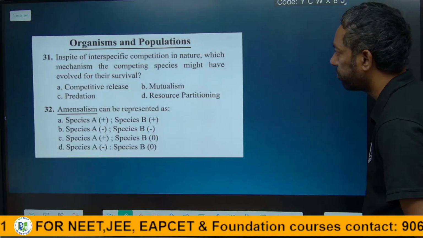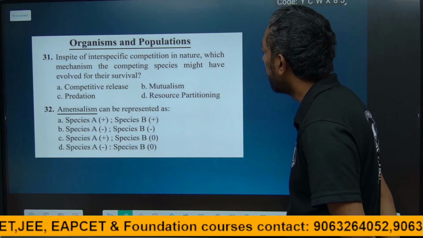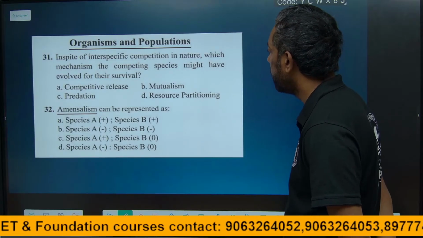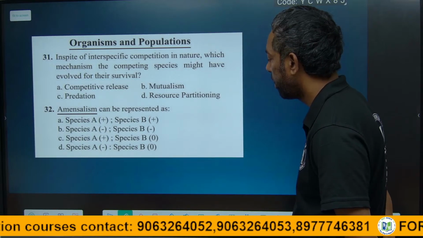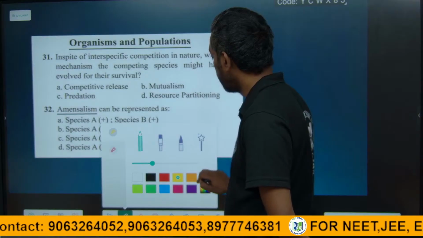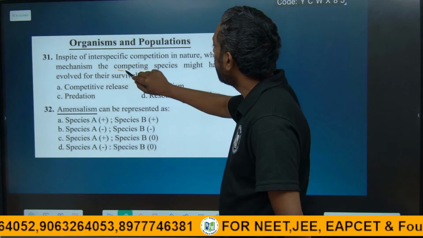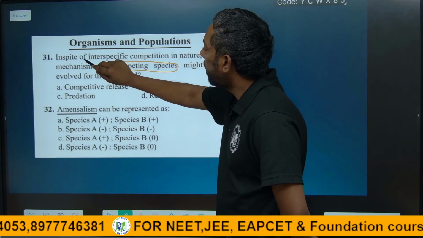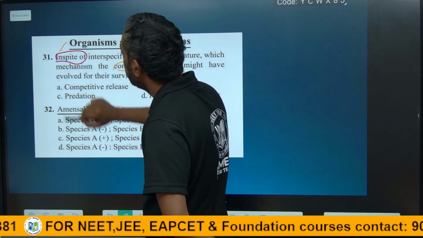Next question. In spite of interspecific competition in nature, which mechanism might the species have evolved for their survival? Okay, here just read carefully, this question is a bit hard. The words "in spite of" are important here.